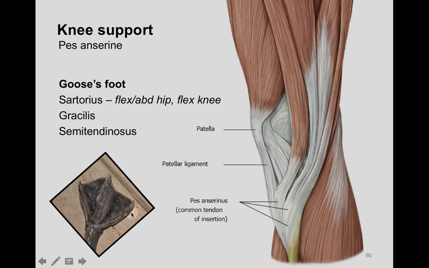So the Latin for this is pes anserinus, known as pes anserine or the goose's foot. And those muscles which are included in pes anserine are the sartorius, gracilis, and semitendinosus muscles. These muscles are on the medial aspect of the knee, attaching to the medial aspect of the tibia, offering support to the knee.